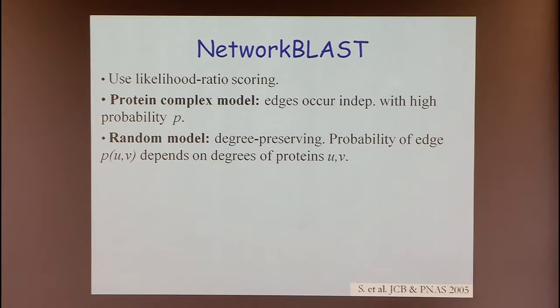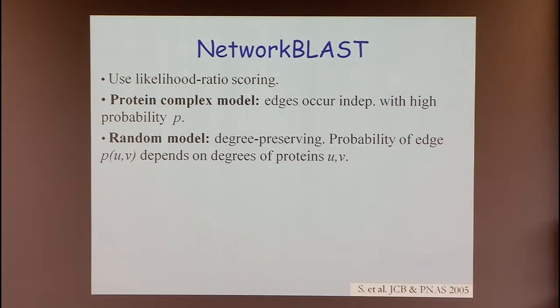This has become the standard in the field for random models for protein networks because it's relatively easy to derive, and we can also approximate certain things in this model. For example, we can approximate very well the probability that two proteins are interacting in this model, and not surprisingly, this probability is correlated to their degrees.